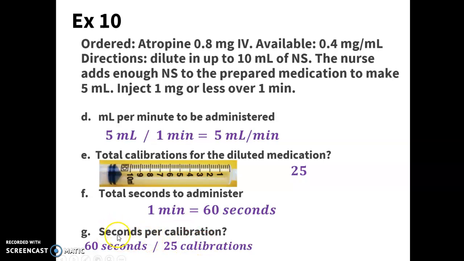Be sure to put seconds first: seconds per means divide, calibration. So seconds divided by calibrations. Be sure to do 60 divided by 25, not 25 divided by 60. It should come out to be 2.4 seconds per calibration. So every almost 2.5 seconds, you should be on that next little calibration marking.